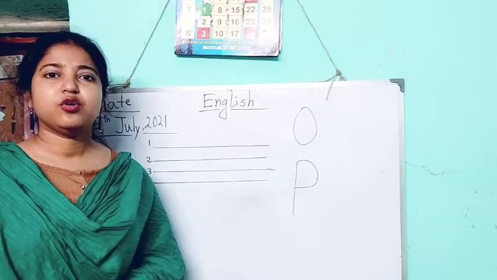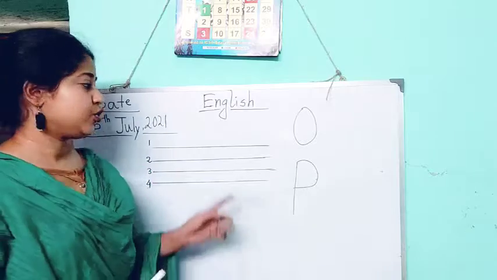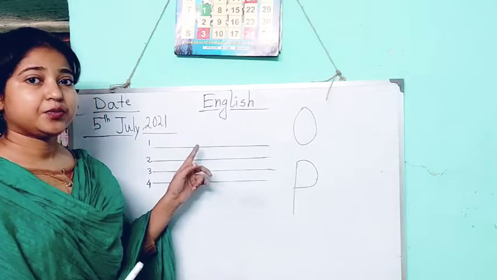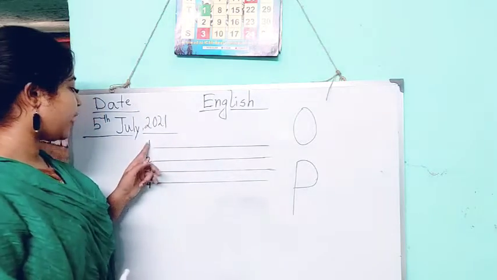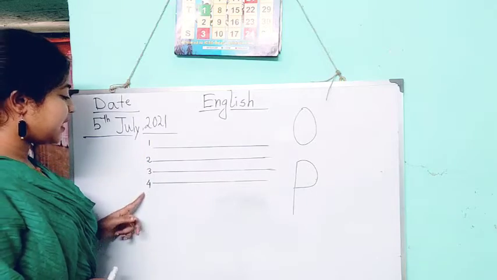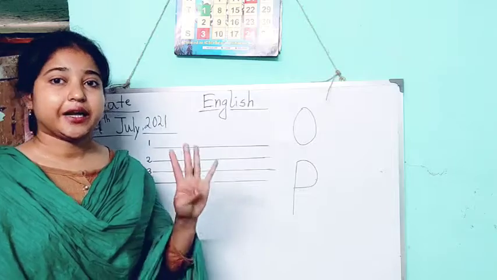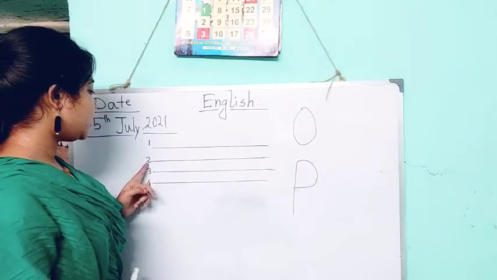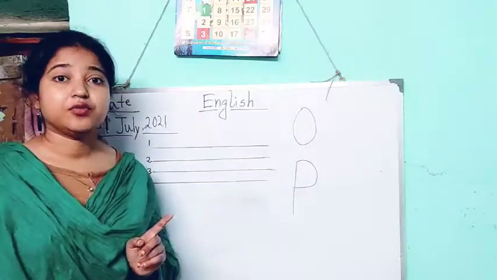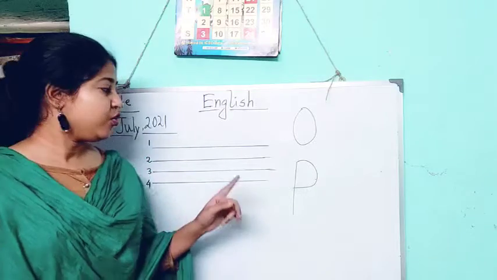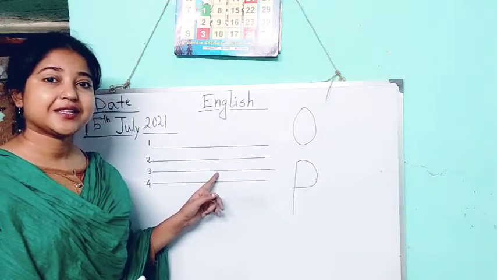You already know, to write the capital letters we need in your English book or copy these three lines. 1, 2, 3. I have marked the lines. 1, 2, 3, 4. So in your English copy there are 4 lines. But for writing capital letters we use only 3 lines, right?